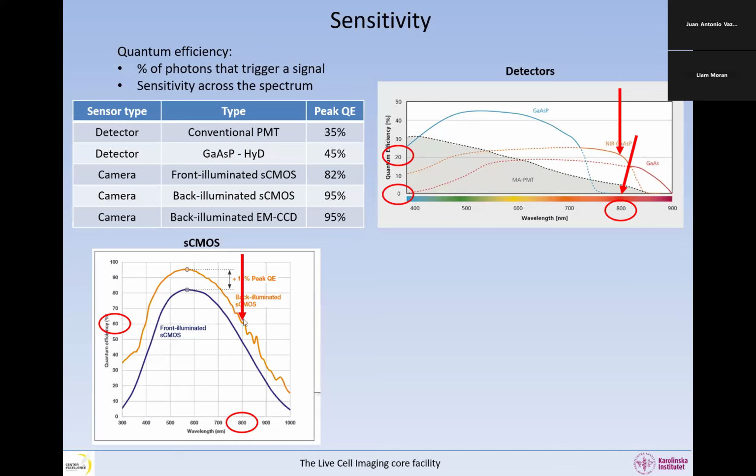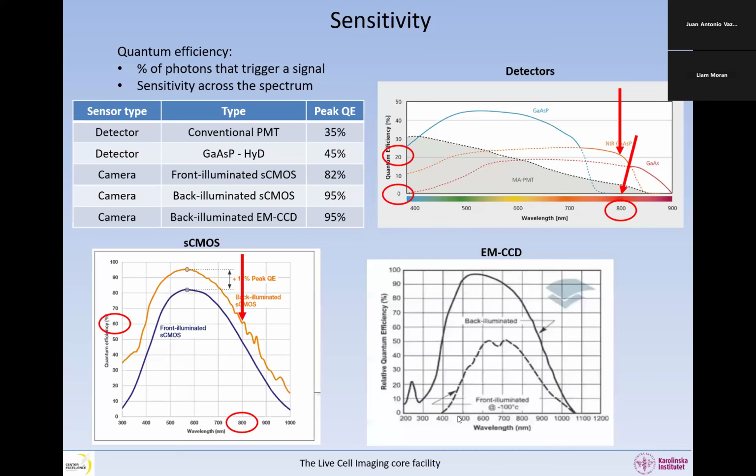So these are the most performant cameras these days. This is another type of camera, and they can also be back or front illuminated. And you can see in here at 800 we would have 80%. So this would be a good camera if you have a long wavelength and you want to be able to image it. However, there are other drawbacks, let's say big pixels in this one, so low digital resolution.